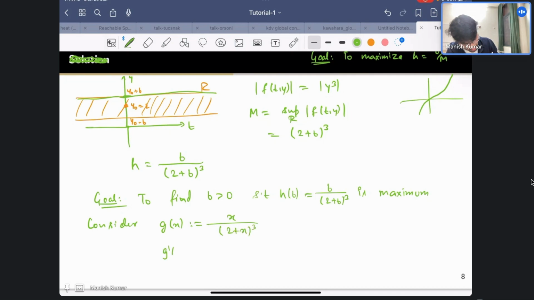G prime of x, if you do, you take x outside, so you'll have minus 3x by (2 plus x) raised to the power 4, plus 1 by (2 plus x) whole cube. And if you take (2 plus x) whole cube common, this gives minus 3x plus 2 plus x, which is minus 2x plus 2.